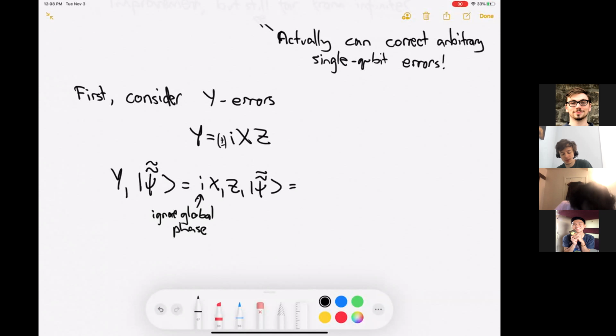Well, we know that a Z1 acts as a logical Z on our first bit flip code, right? So this is Z1 tilde acting on psi double tilde, followed by an X1. And we just ignored the i because global phases don't do anything to the state.